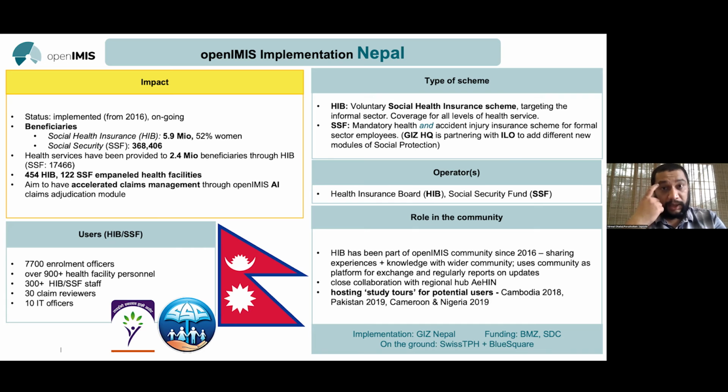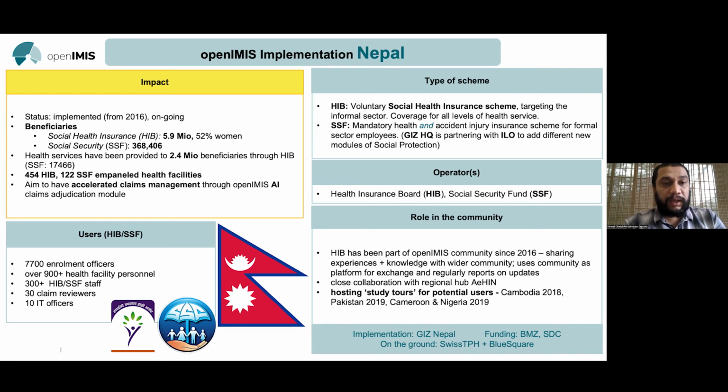As you can see, HIB, the Health Insurance Board, has been a part of the community since 2016, and has been sharing the knowledge of openIMIS and other experiences throughout the community from the start. So in Nepal, we are hosting study tours, as well as exchanging the development of the software with everyone.